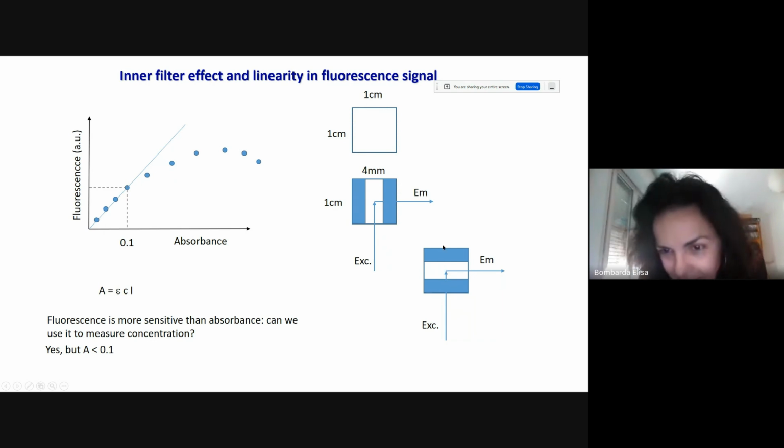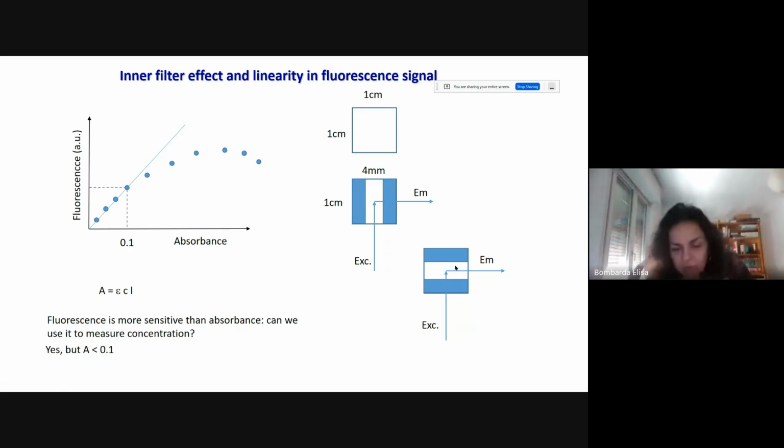You reduce it in absorbance, because there is less fluorophore that absorbs. So that is another little trick that can be used for getting rid of the problem of the inner filter effect and maybe remaining in the linearity region of fluorescence.